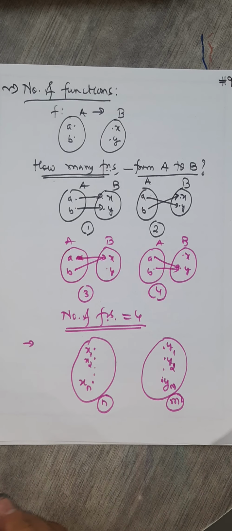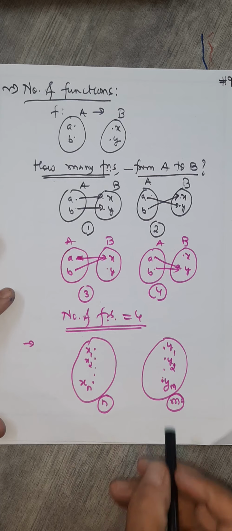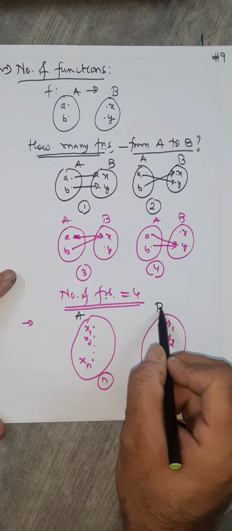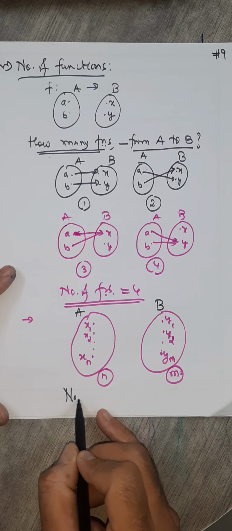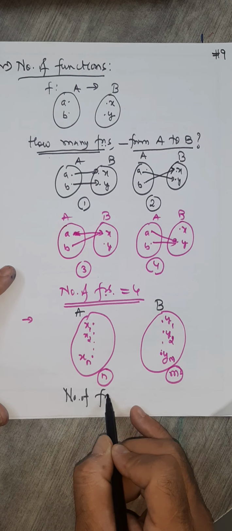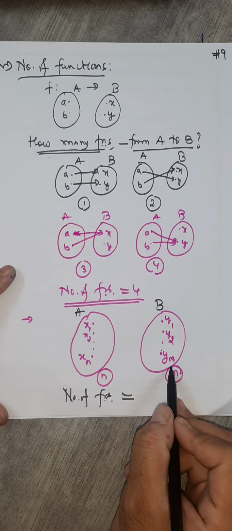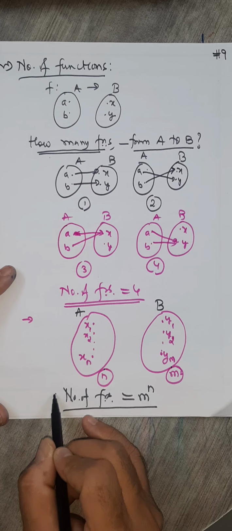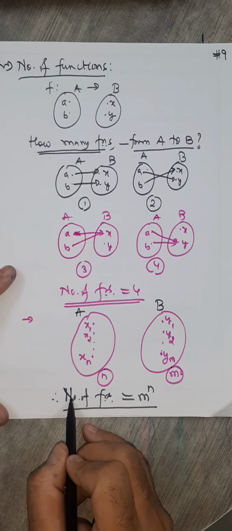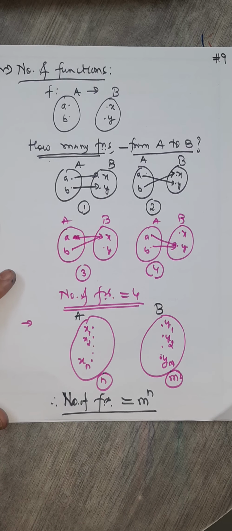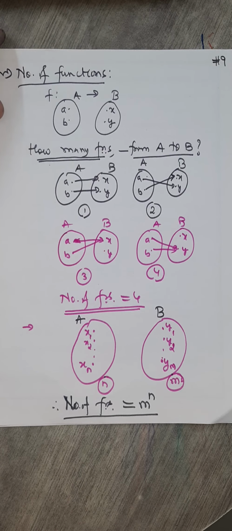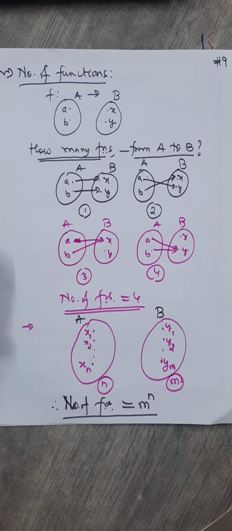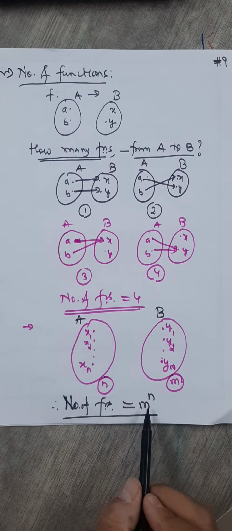So the number of functions is given by m raised to n. This number raised to this number, remember. If this is A and this is B, then the total number of functions is m raised to n. You can keep this in mind. This is always true.